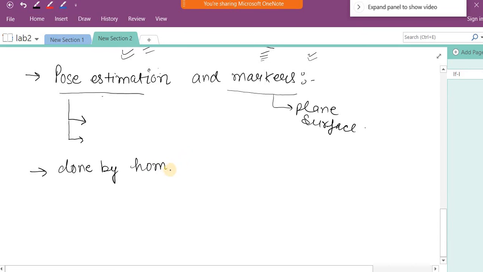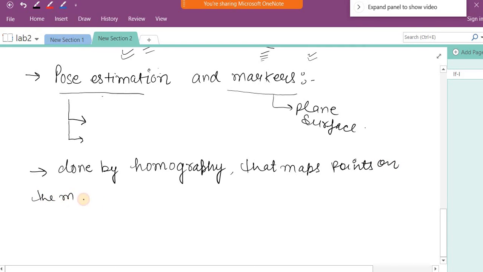So pose estimation is done by homography that maps points on the marker in one image to their corresponding locations in another image.